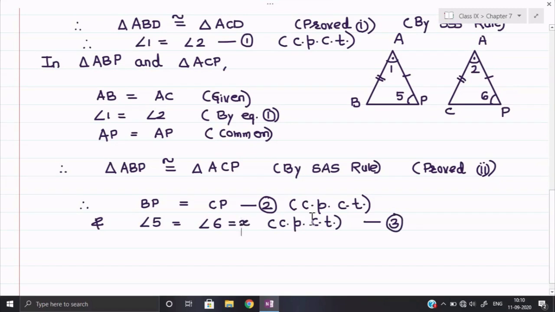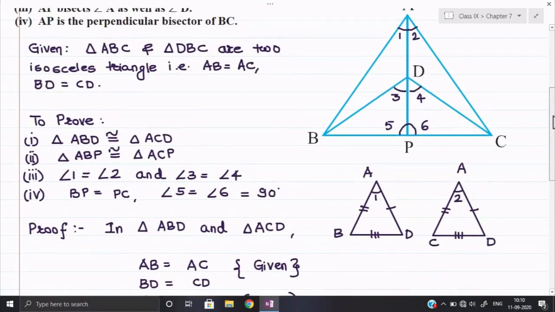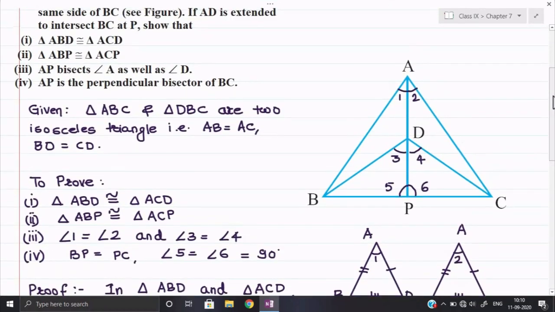Now one thing you observe, in the question we have given that, I need to show you the figure again and again, then only the things will be clear. So see the figure, observe angle 5 and angle 6 are formed at a point P, and if we join both the angles, they form one complete semicircle because BC is a line. So the addition of angle 5 and angle 6 will be forming a linear pair.